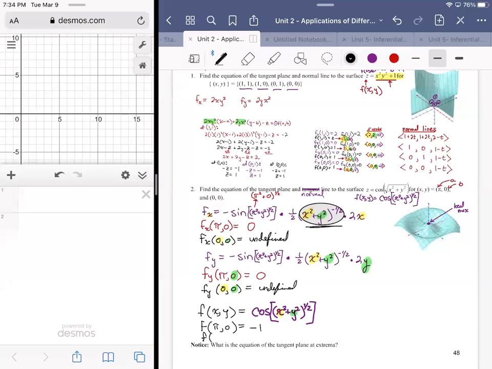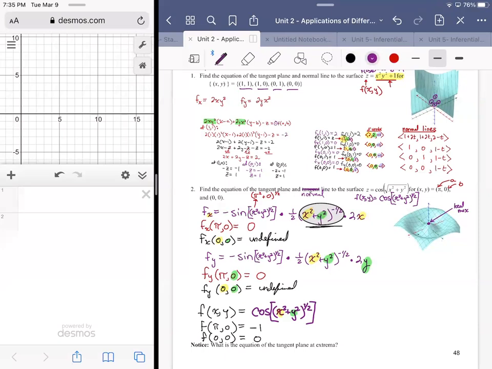And I can do it for 0, 0, which is going to give me cosine of 0, which is a +1. Right? So I got all the bits and pieces that I need. Now it's just a matter of writing the equation of the tangent plane. Right?